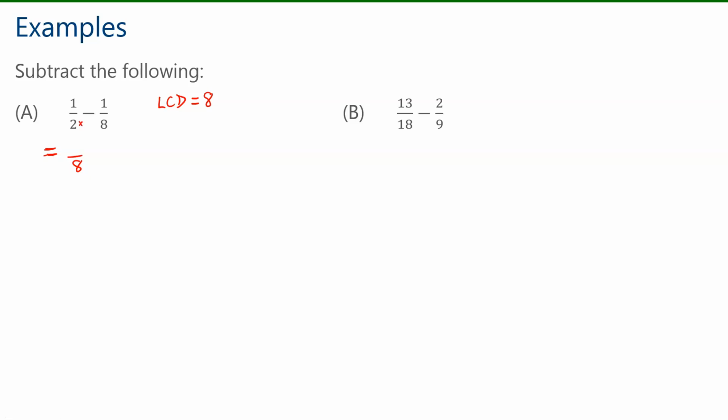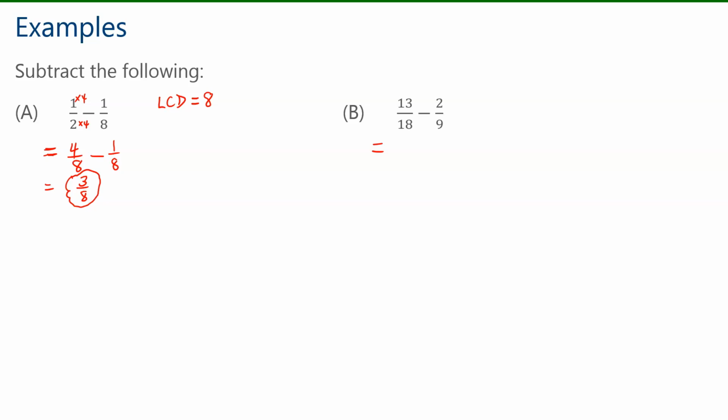What's the equivalent fraction for a half so that it has a denominator of 8? That would be 4/8. The subtrahend, the second fraction here, I'll just copy down as is. It already has a denominator of 8. Next step, copy down that common denominator, subtract the numerators, check for lowest terms, and we are good.